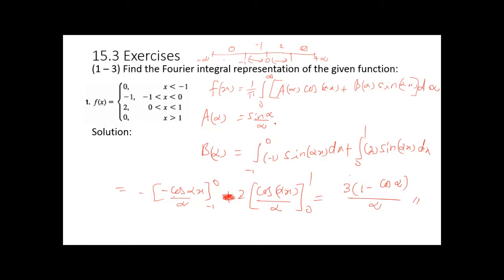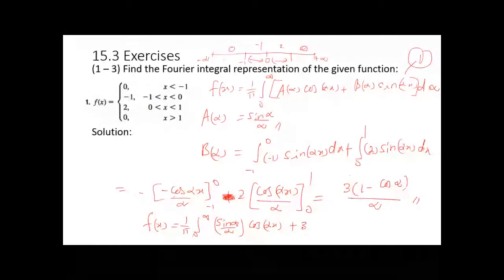Now we have to use this a of alpha and b of alpha in equation number 1. That will be the end of this problem. F of x is equal to 1 over pi integral from 0 to infinity of a of alpha, sine alpha over alpha, cosine alpha x, plus b of alpha, 3 times 1 minus cosine alpha divided by alpha, times sine alpha x d alpha.